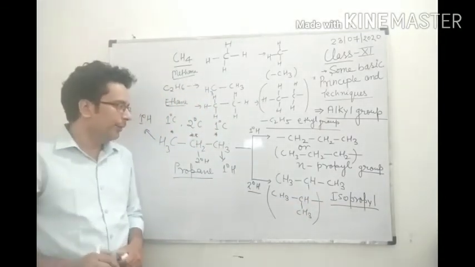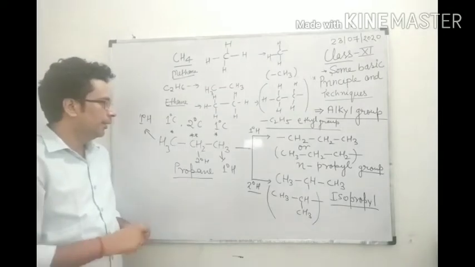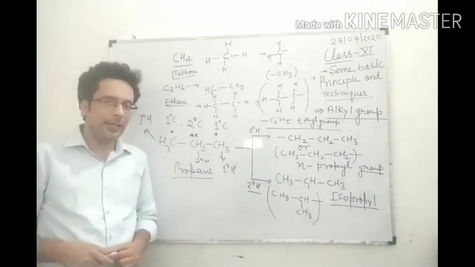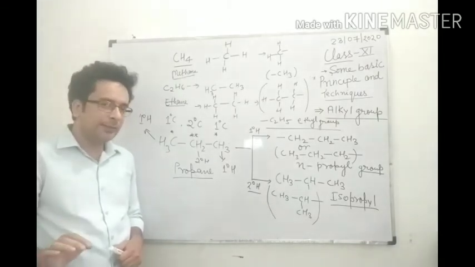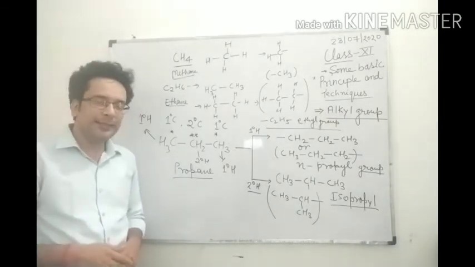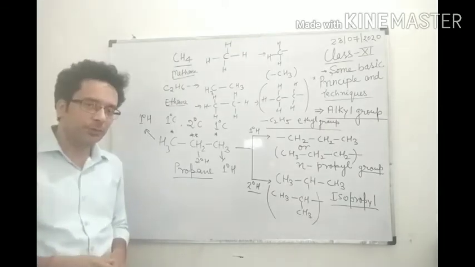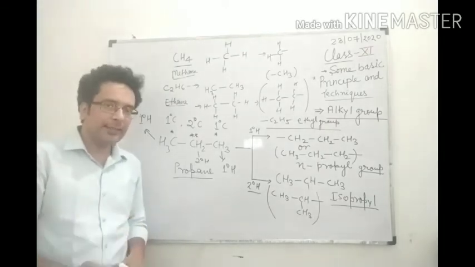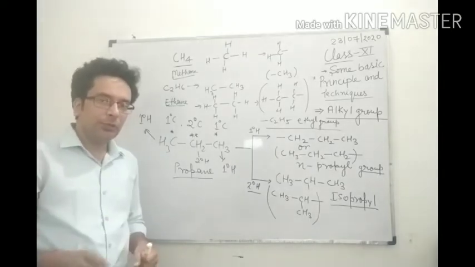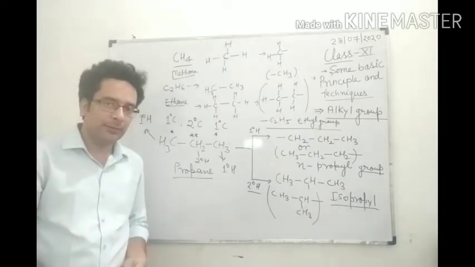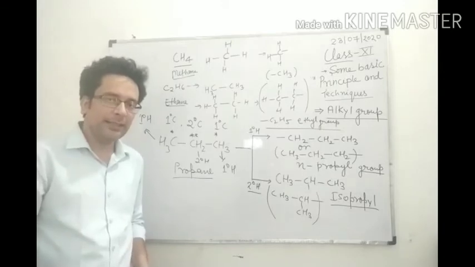Isopropyl. Okay, so these are about the different types of alkyl group. Now, in your examination, the question is asked: why does propane give two types of alkyl groups? The answer is because propane contains two types of carbon, primary carbon and secondary carbon.